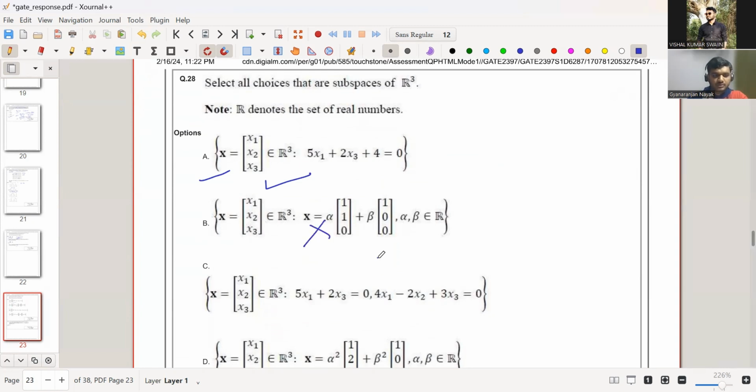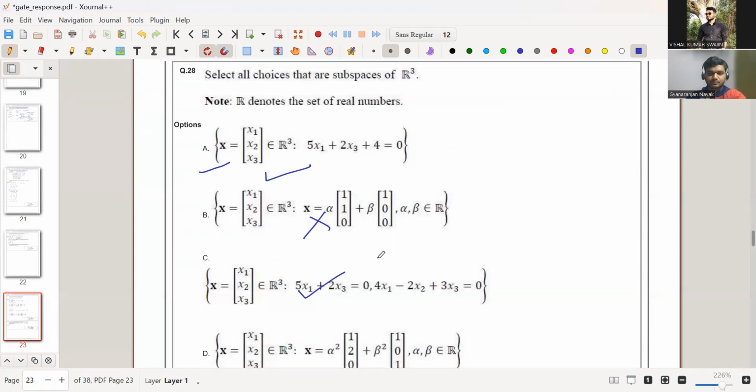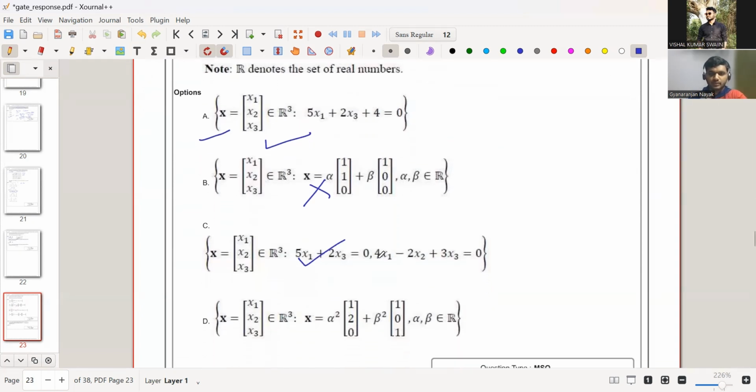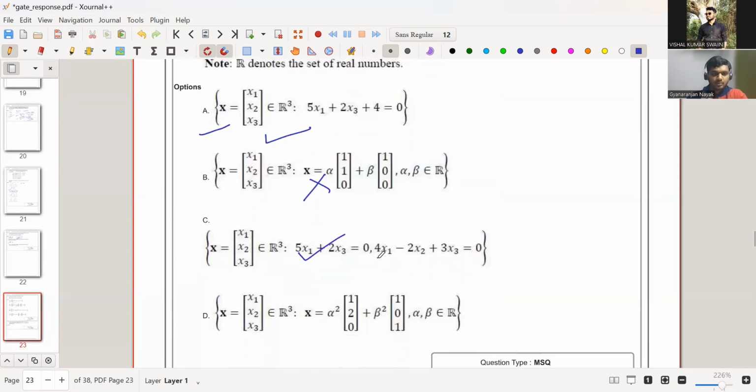If you go to option C, the given space is a subset of R3 under two linear homogeneous restrictions, so it will make a subspace. If you go to option D, the given space is a spanning set of two linearly independent vectors of R3. So it will be a subspace of R3 of dimension 2.